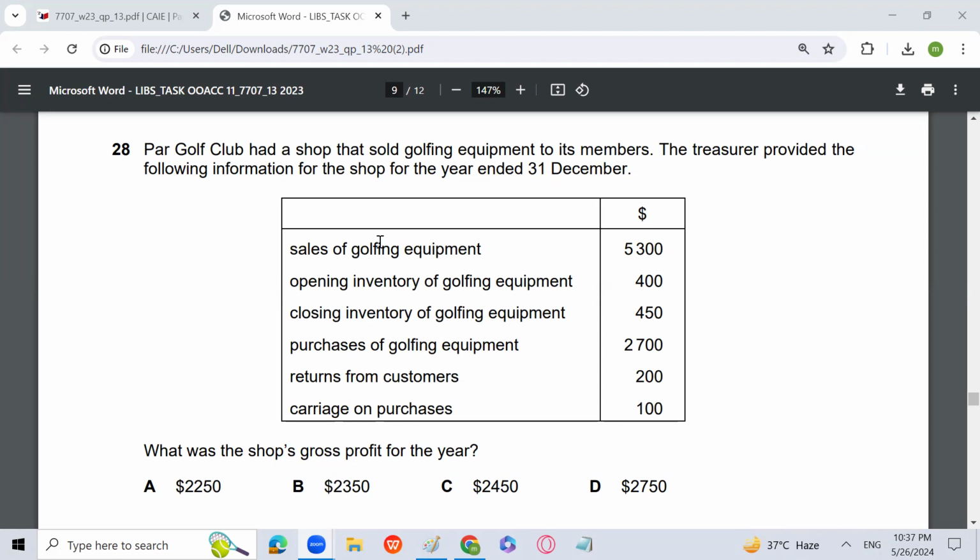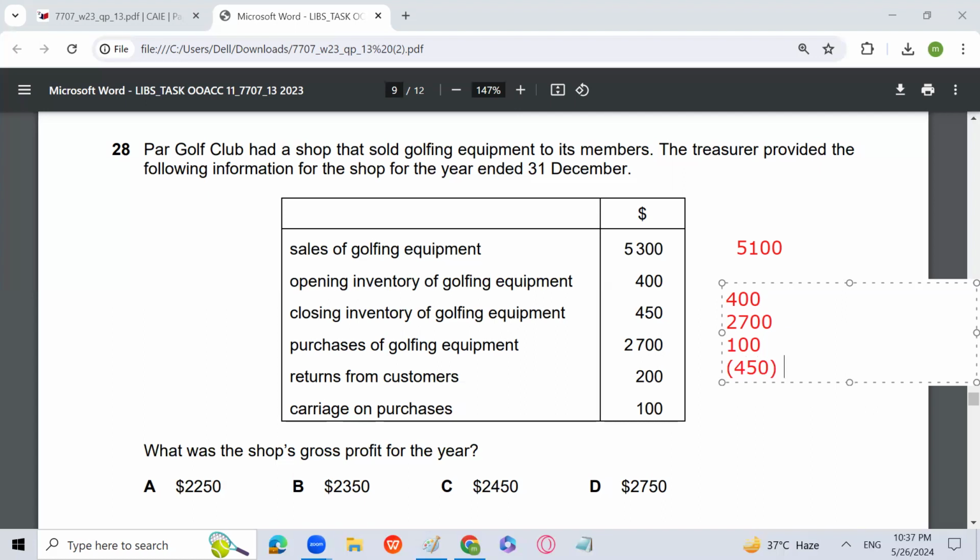That's quite easy. Sales, you will subtract return from customer, 200. The sales will be 5,100. 5,300 minus 200, 5,100 sales. Cost of sales will be opening inventory, 400, plus purchases, 2,700, plus carriage inward, 100, and minus closing inventory, 450.